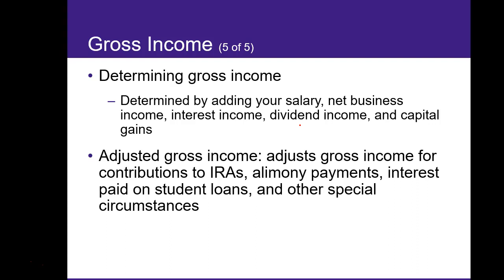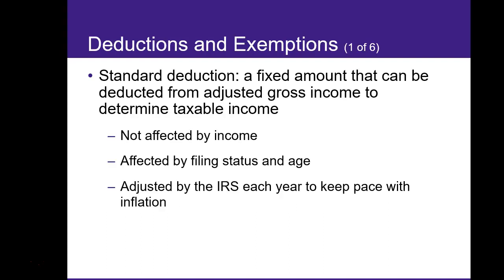Now, there are certain adjustments from that gross income, things such as if you pay alimony, if you're paying interest on your student loans, if you're making contributions to a qualified individual retirement account. These types of items can reduce the gross income that's going to be shown on your tax return.